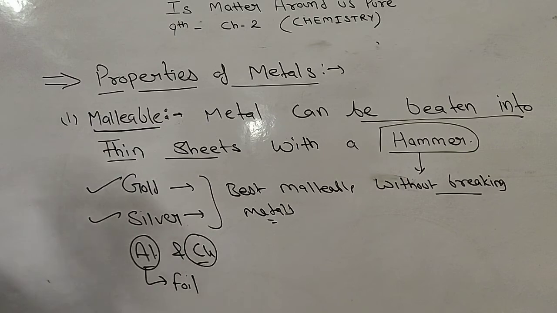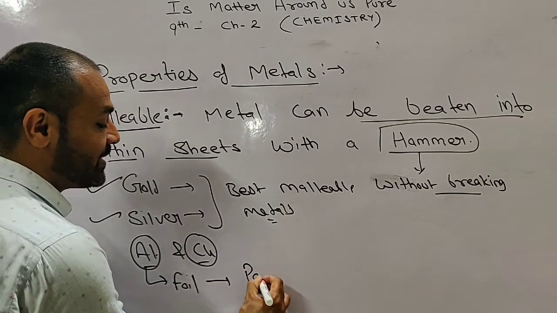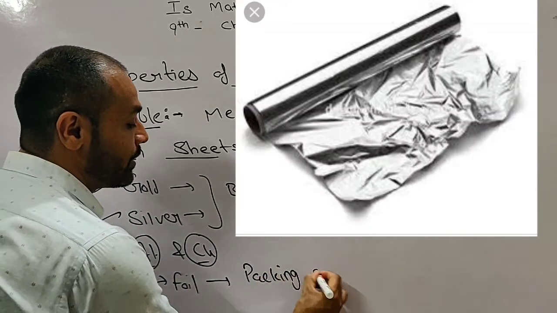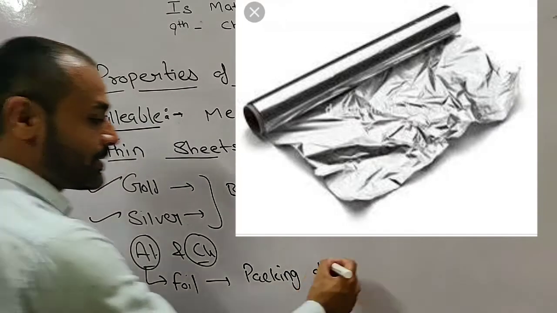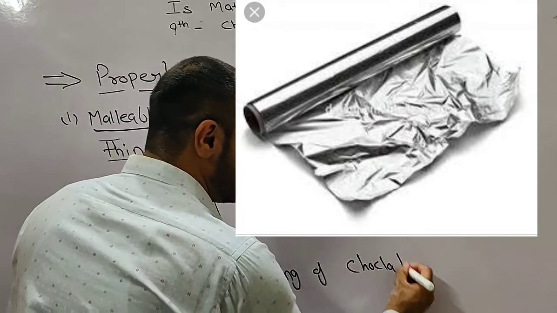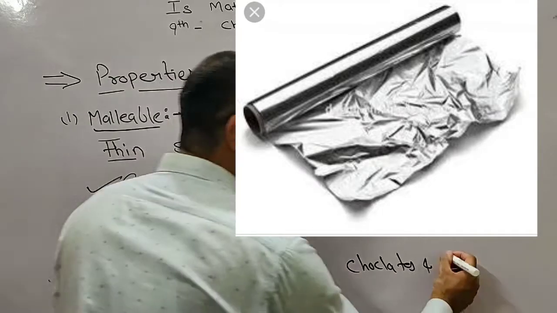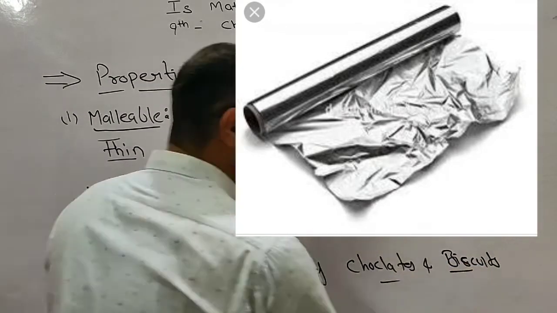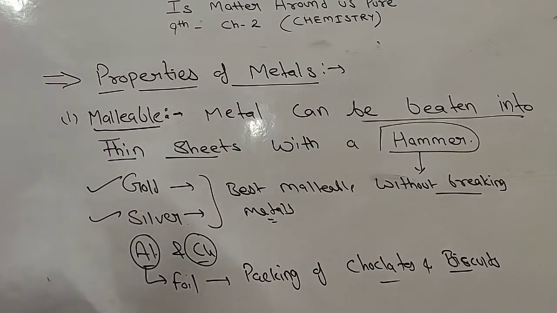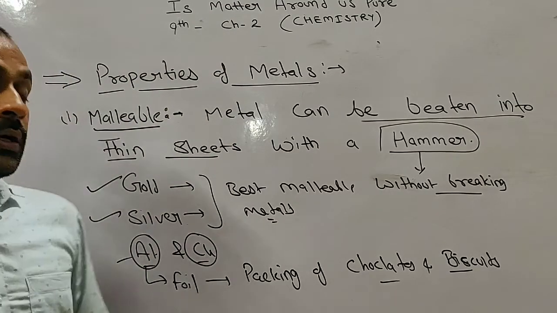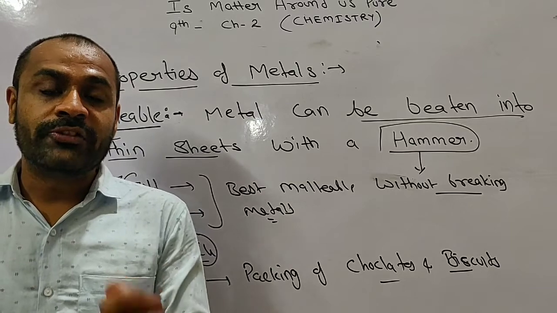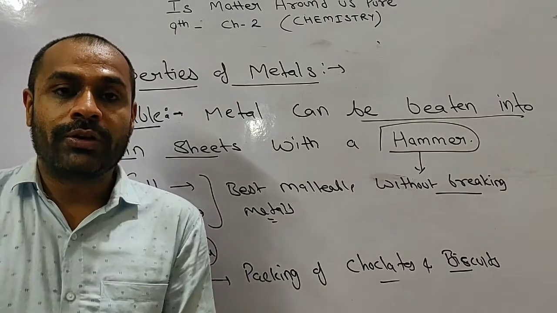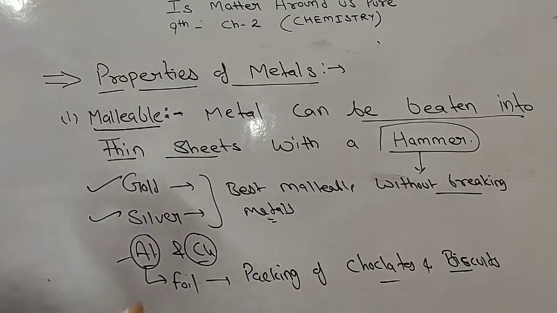Aluminium foil is used in the packing of lots of things like chocolates and biscuits as well as cigarette foil. Apart from this, we use aluminium foil in the packing of our food at home.